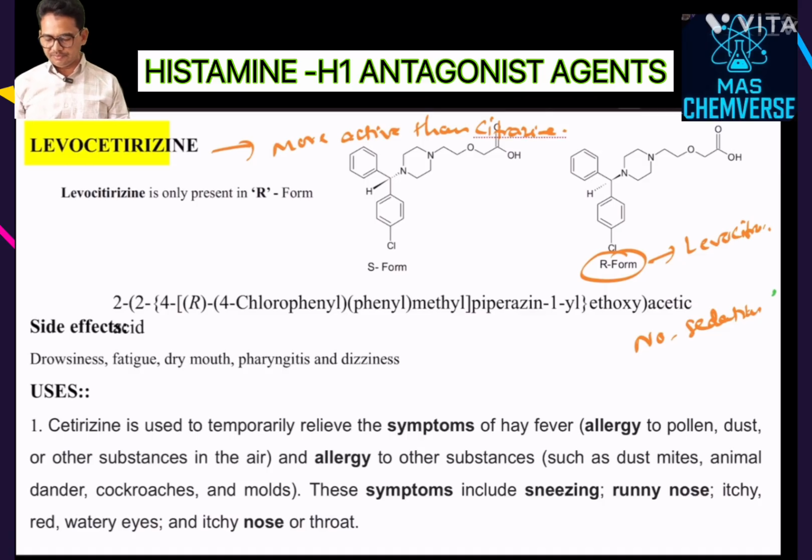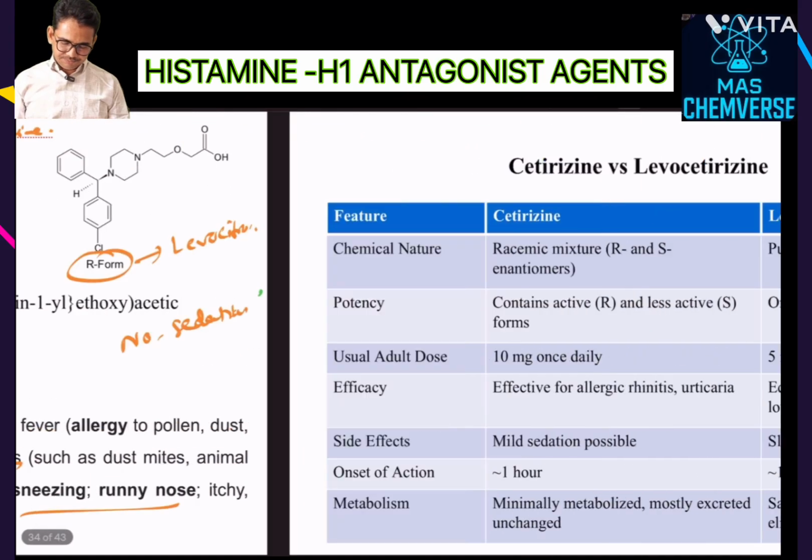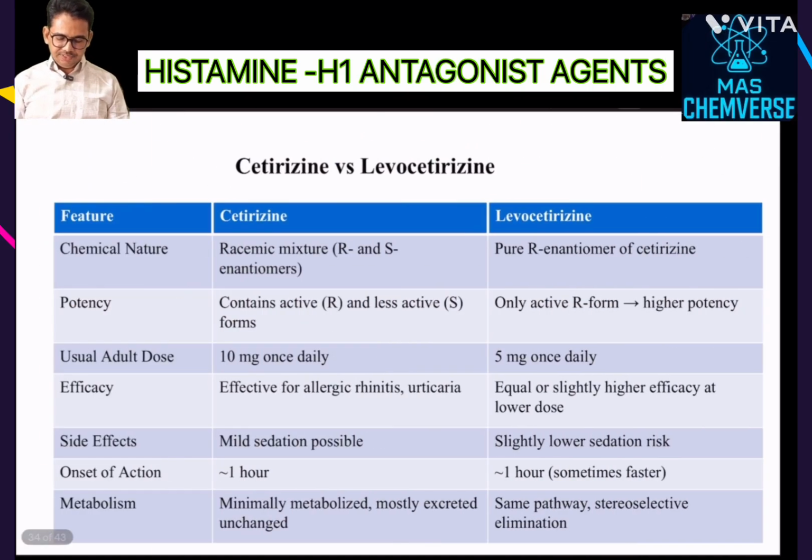Remember this, more active than cetirizine. This is also useful for the same runny nose, itching, various allergies. All those things are going to be treated. This is the difference between cetirizine and levocetirizine. Cetirizine is in both R and S forms, but levocetirizine is only the R form. It has high activity, meaning more potency.